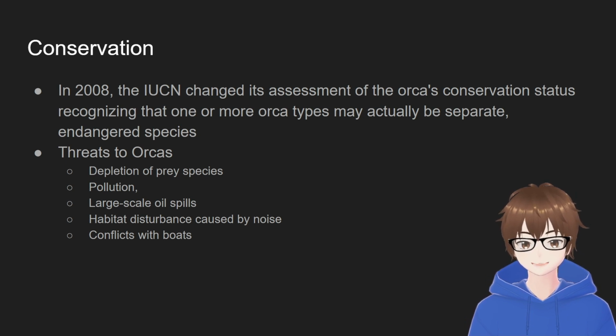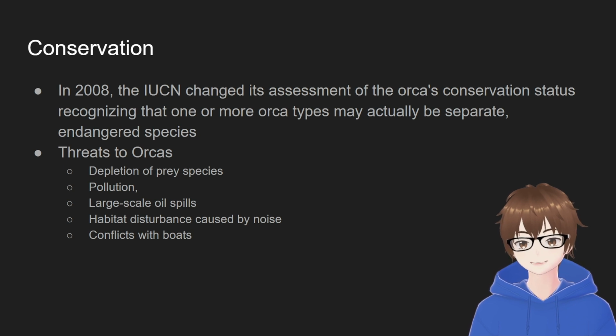So, conservation. In 2008, the IUCN changed its assessment of the orca's status to endangered species, recognizing that one or more orca types may actually be separate endangered species. That's what we talked about in the very beginning, when we said that certain types of orcas could be considered different species.